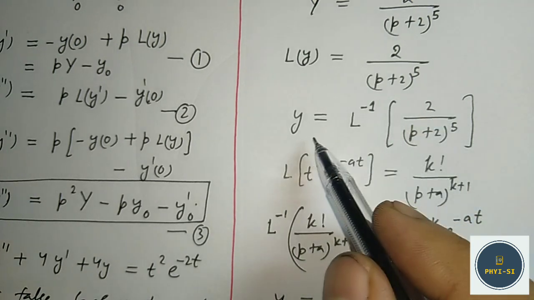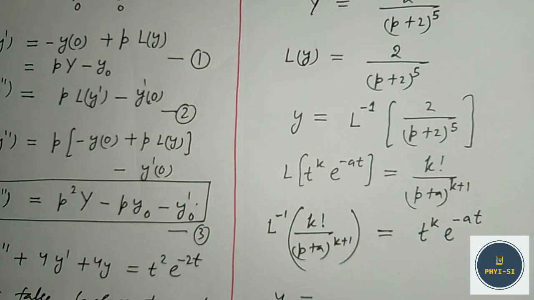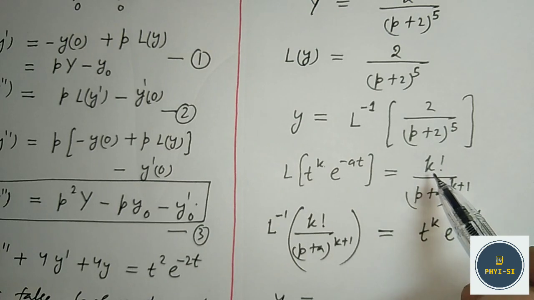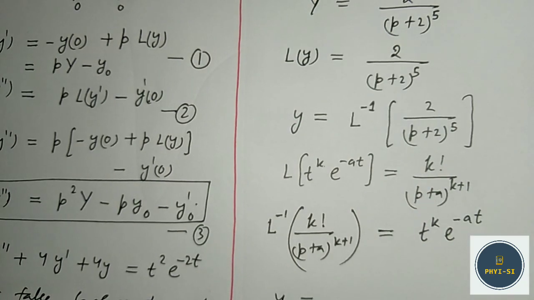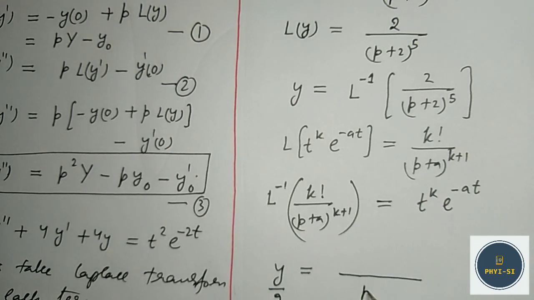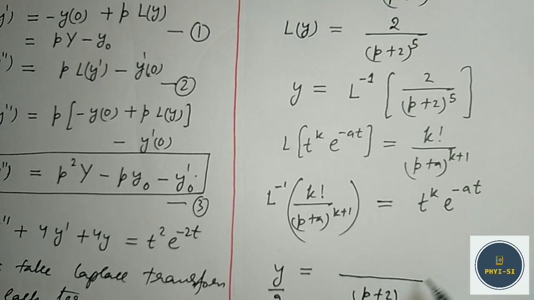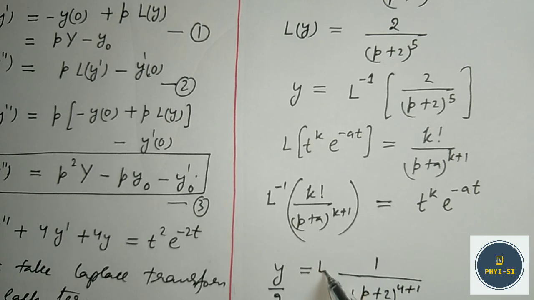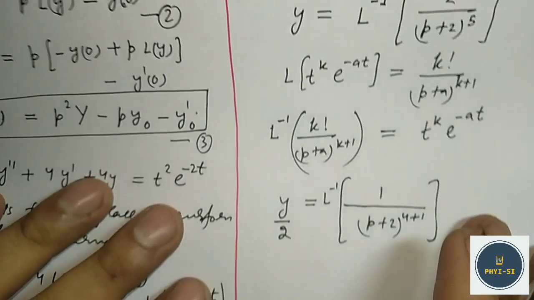I can take 2 out, so it becomes y by 2, and this is k factorial, so I can write it as 4 factorial over p plus 2, a is 2, with power 4 plus 1, L inverse. Now we have the final formula.